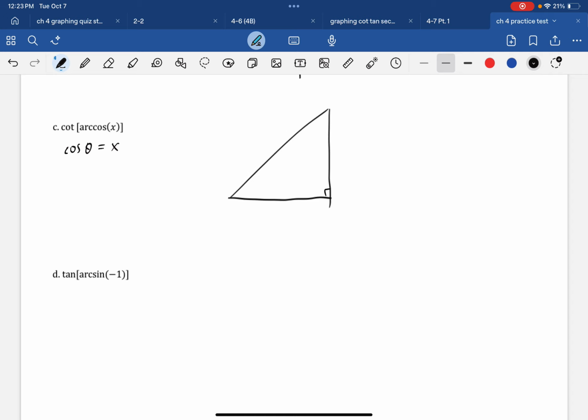So that means that the adjacent side has to be x and the hypotenuse would be 1, which means that the remaining side would be the square root of 1 minus x squared. So that means that cotangent of theta is equal to x over root 1 minus x squared. And I'm done.